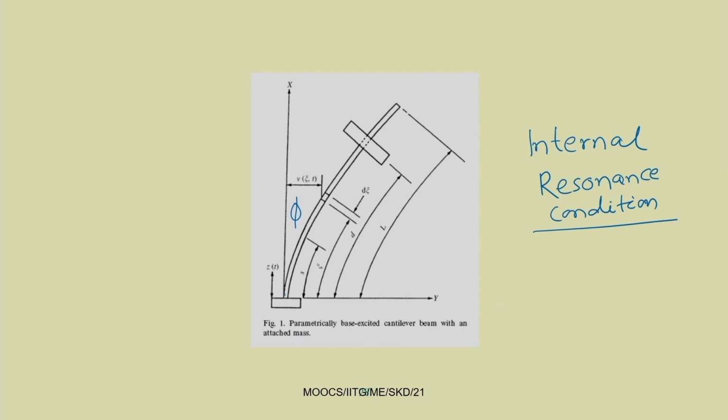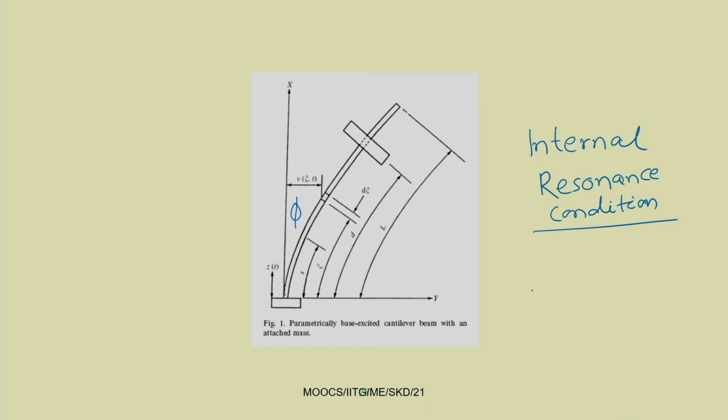One can derive this equation of motion either by using the energy method or the force and moment based method, that is Newton's second law or D'Alembert principle. Here, taking a small element, different forces can be taken.